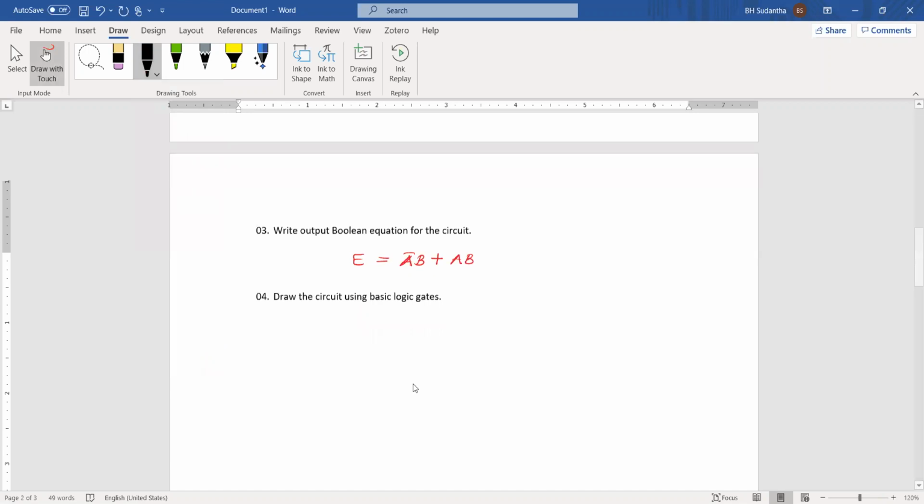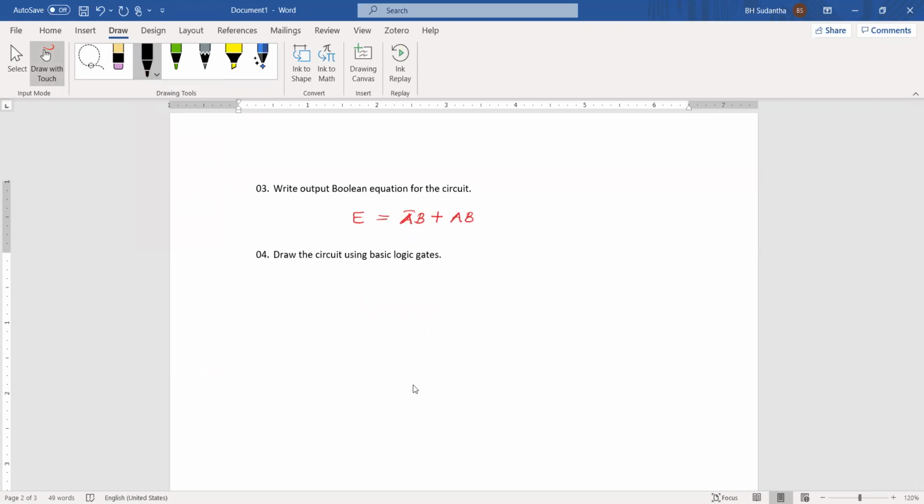Okay, now we can draw the circuit starting from A and B. This is A, and we can make A bar. Then we can make the first term. This is A bar B. This is AB.